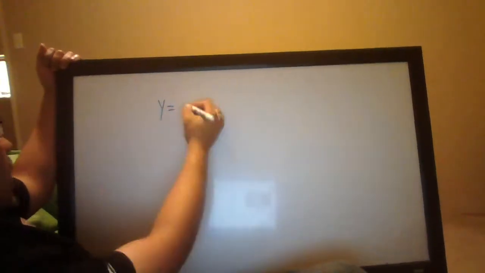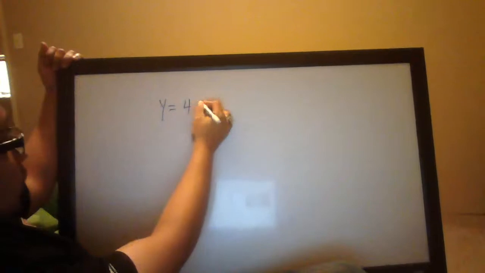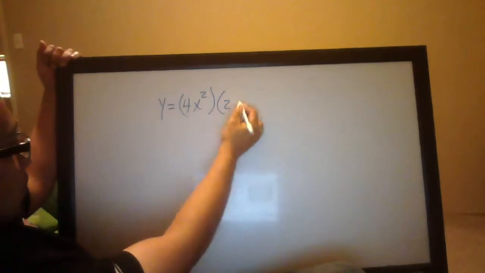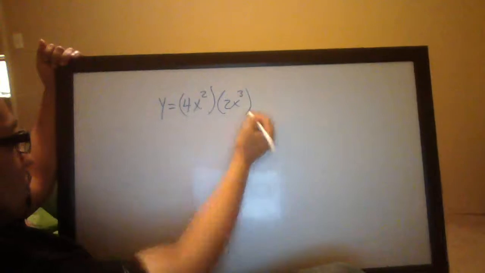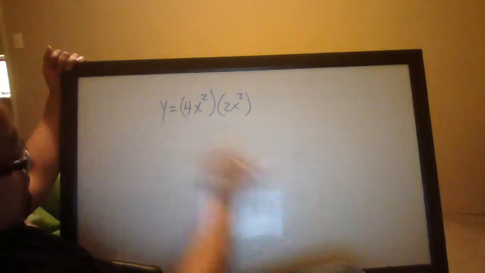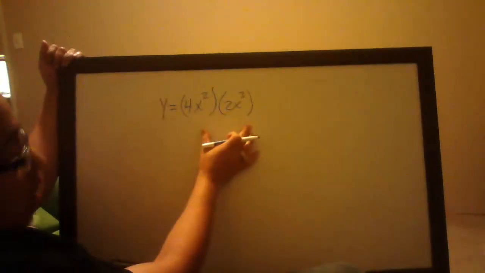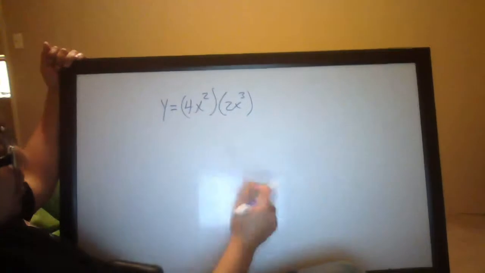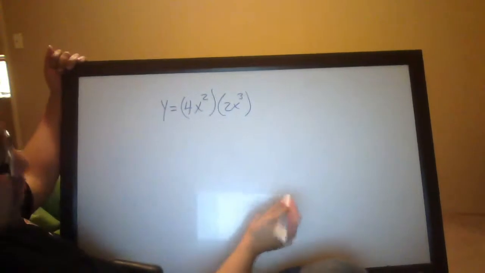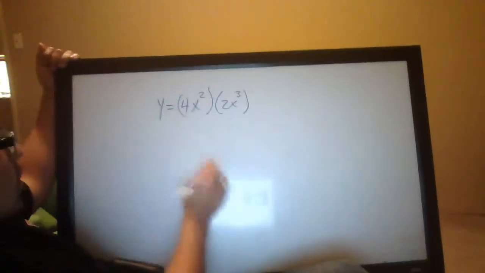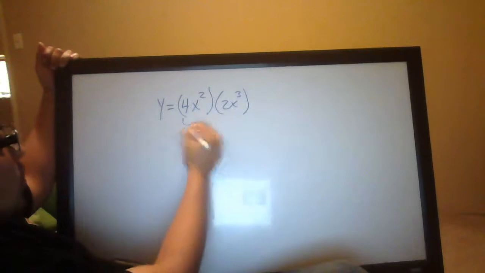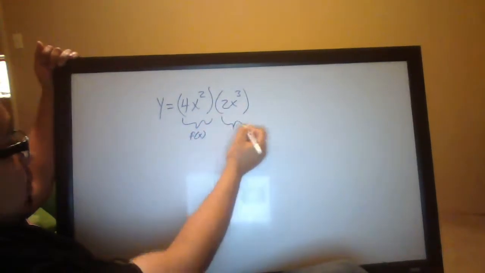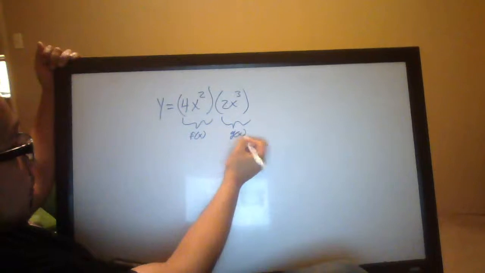If we had 4x squared times 2x cubed, you see, this is a product right here because you're multiplying these two. So let's just say, for instance, this equation we're going to call f of x, and this equation we'll call g of x.